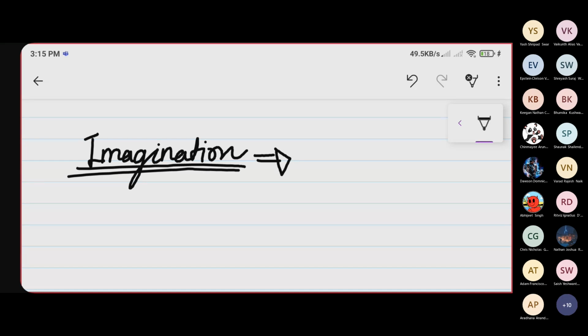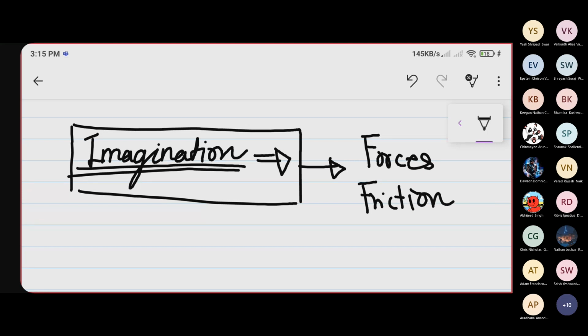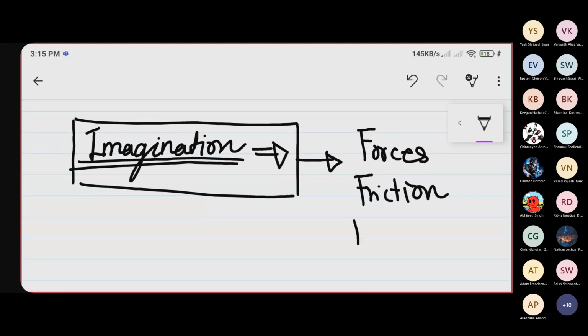If you don't know such things, then you won't be useful in any industry where some forces are there, or some friction comes into the picture, or some heat transfer is there, right?